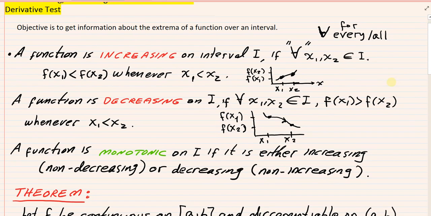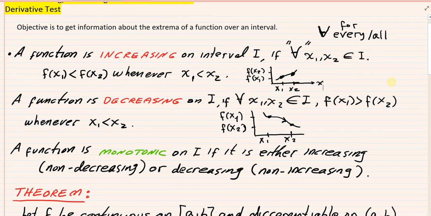You have a comparable definition for decreasing function. A function is decreasing on an interval I if for all x1, x2 inside of that interval, f at x1 is greater than f at x2 when x1 is less than x2.